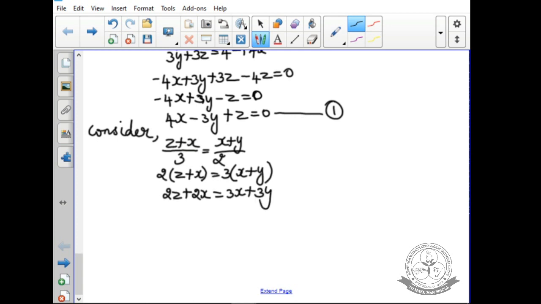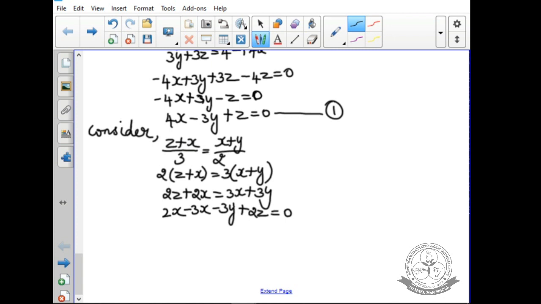Bring all the terms together to the left hand side. So 2x is here. Bring this 3x to the other side, it becomes minus 3x. Next, the y term: bring it here, plus 3y on the right, and when it comes to the left hand side, it is minus 3y. We already have z, so plus 2z equal to 0.